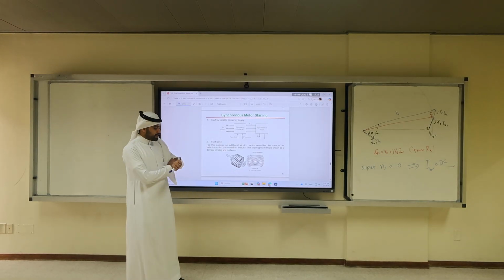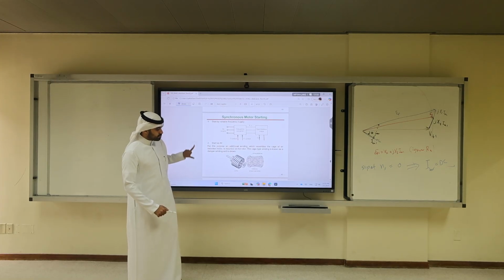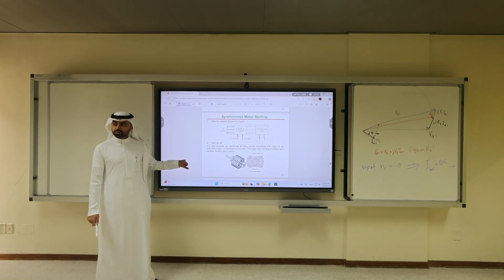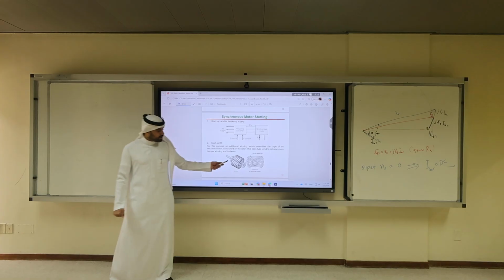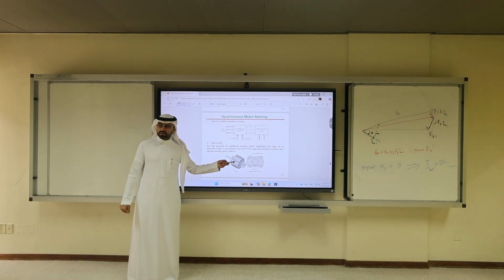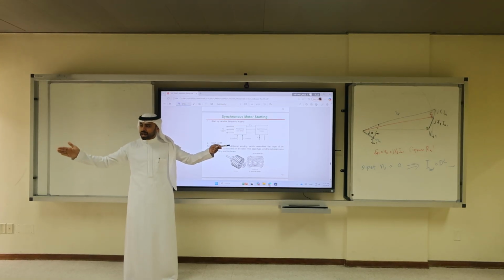torque that we see. Doctor, if we add the squirrel cage, will it be synchronous or asynchronous? No, it will once it reach. Okay, what was the induction machine? If you don't have an excited rotor, what will happen? The moment you reach synchronous speed, the current will be DC, so there will be no torque, so it will slow down.